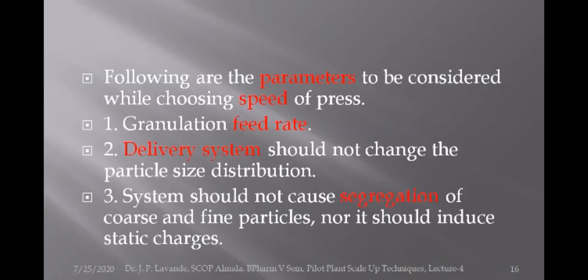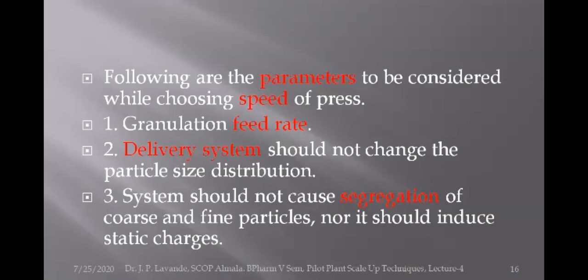Now, during the process of compression of the tablet, what are the different parameters that need to be considered and monitored? In that, it is the speed. Based on the speed, we can consider the different parameters along with it.